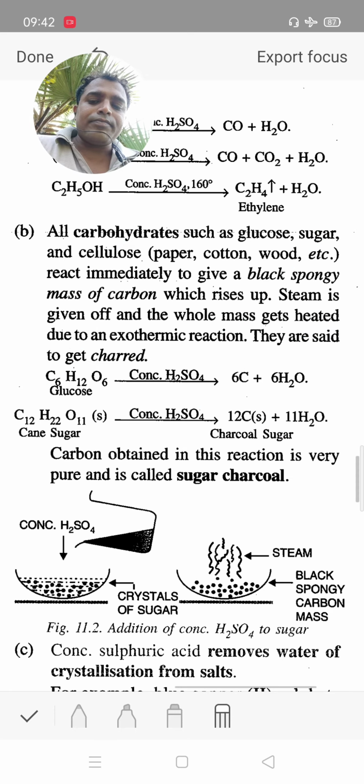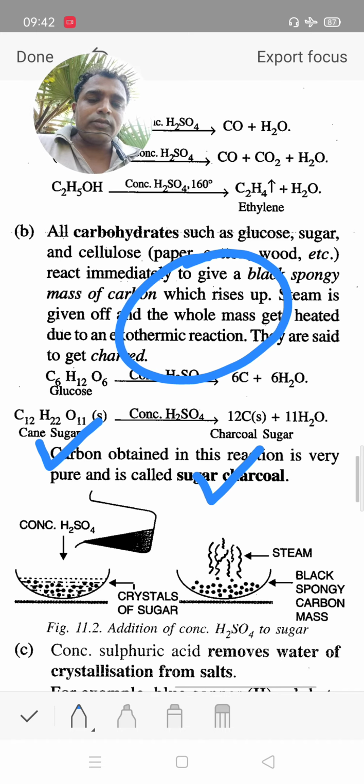Same kind with cane sugar. When sulfuric acid is added to cane sugar, it gives charcoal of sugar, totally black. In this, there is total loss of water. This reaction has 11 times loss of water molecules.